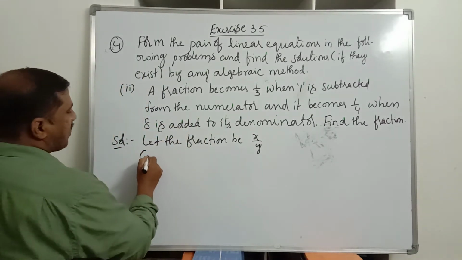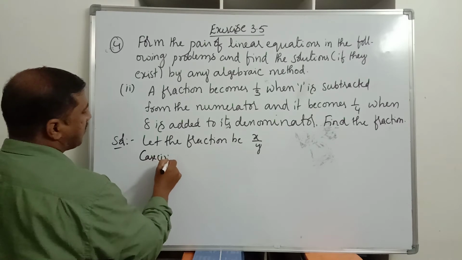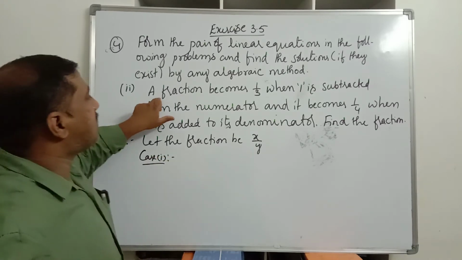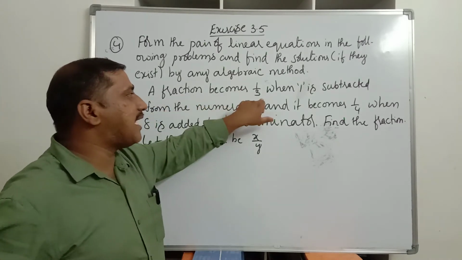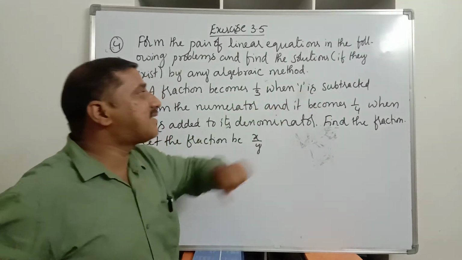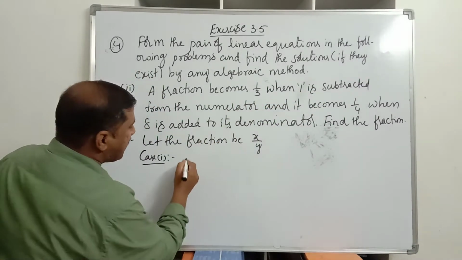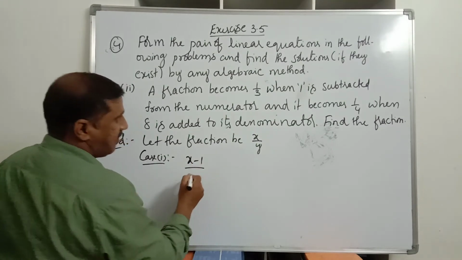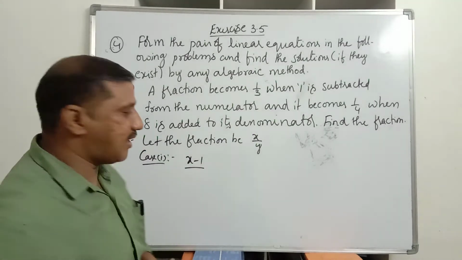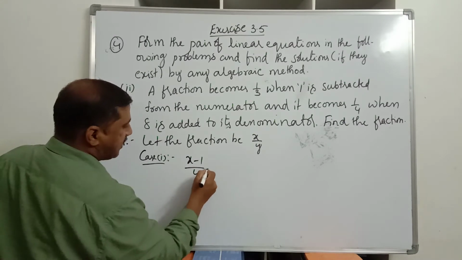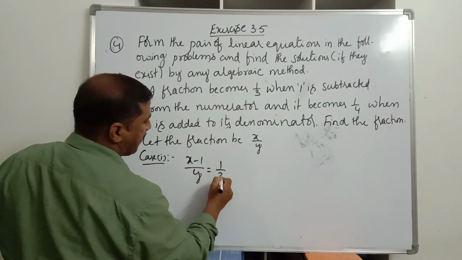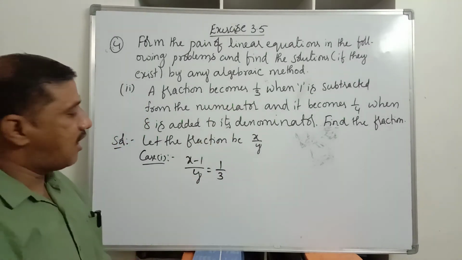Now case 1, what is case 1? Here it is, the first statement. A fraction becomes 1 by 3 when 1 is subtracted. When 1 is subtracted, the new numerator is x minus 1, but there is no change in the denominator, therefore it is y. Then this fraction will become 1 by 3.